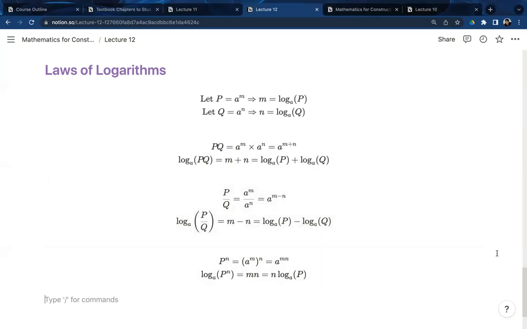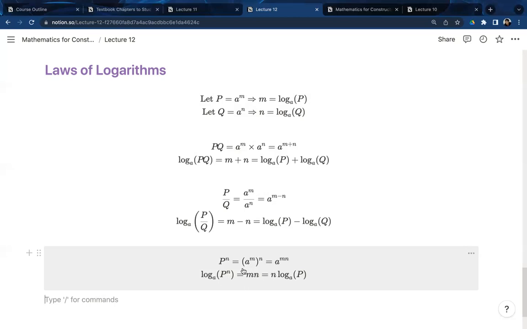And then p to the power n, what is p? p is a^m, so p to the power n is a to the power mn. We multiply the indices, m and n. If you write this equation in logarithmic form, the logarithm of p to the n, to base a, is mn. mn is the power that a has to be raised to give p to the n.